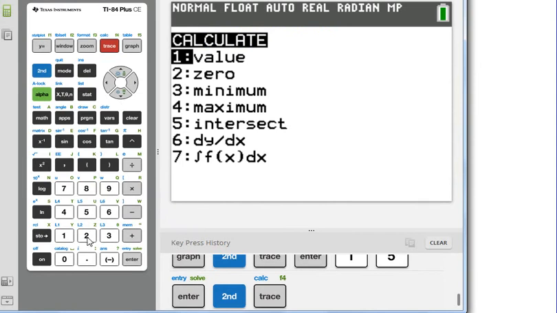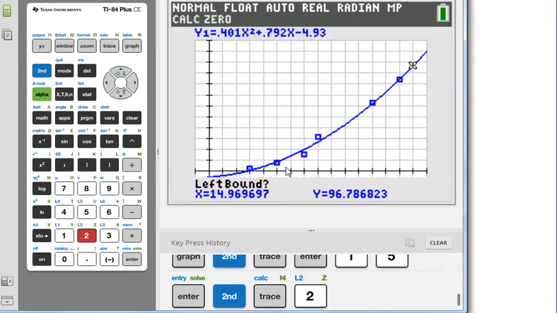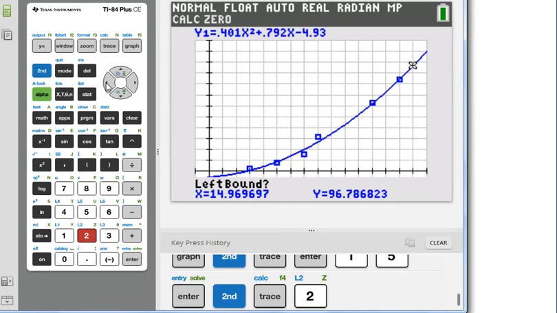We can pick 2 for zero, and we have that question left bound. So now we can arrow over to the left. Now it's going to take a considerable amount of time since the cursor was way over to the right of the curve. I'm going to show you a quicker way to do it shortly. It says left bound, so we go all the way over, and once we're to the left of the x-intercept here, we can press enter.